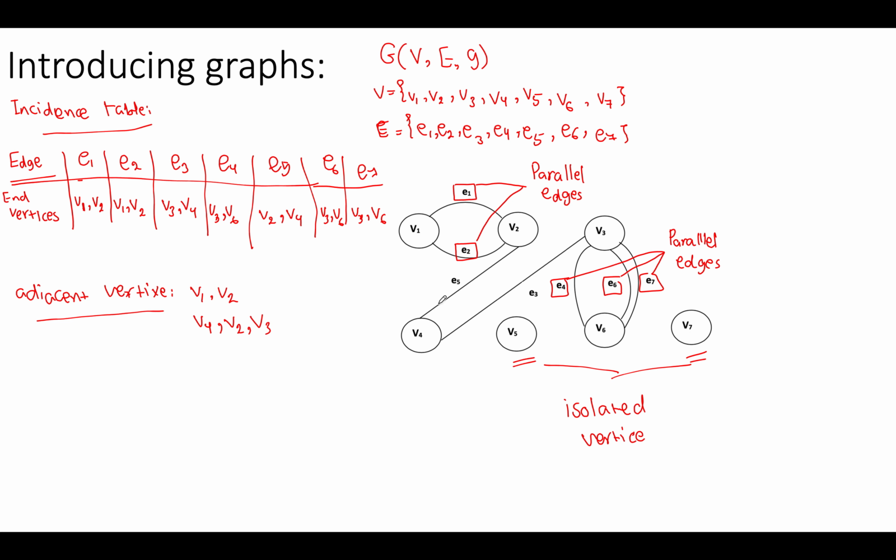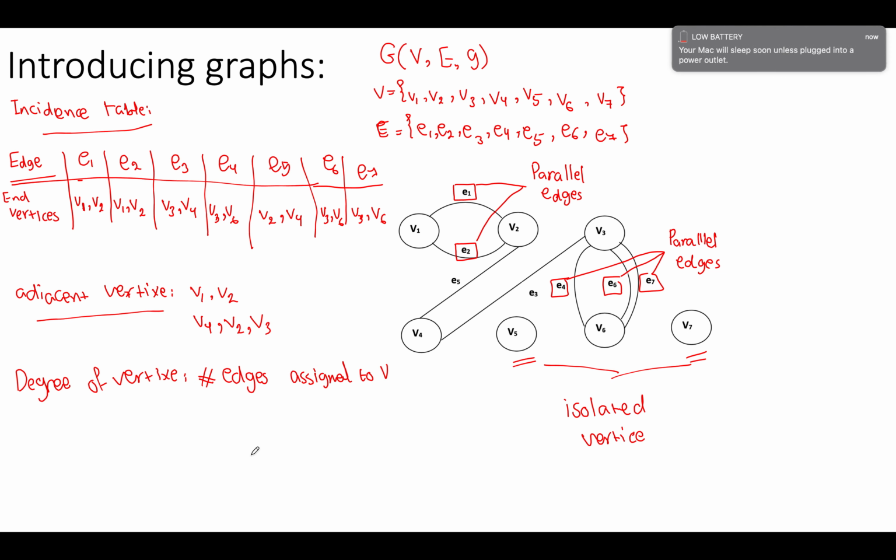Now, degree of a vertex is basically the number of edges assigned to a vertex. For example, V1, or we usually write it as D V1, or degree V1.